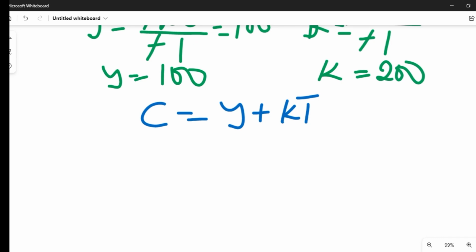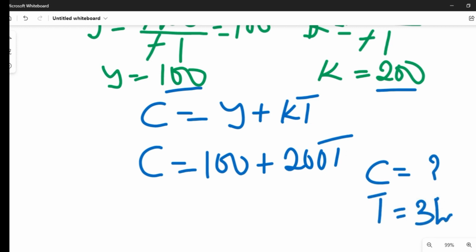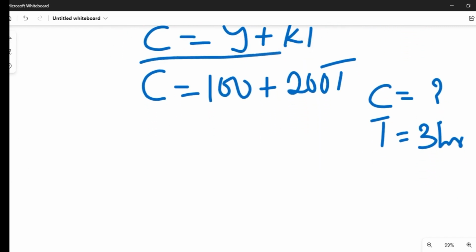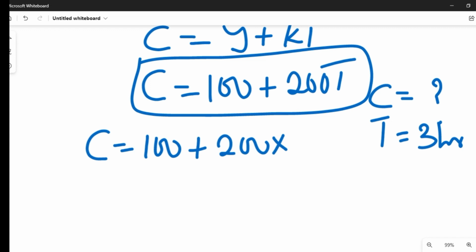Now we have the value of y, and we know the value of k. So our cost will be equal to 100 plus 200 times t. Now we are asked to find the cost when the time is 3 hours. So our cost at 3 hours will be equal to 100 plus 200 times 3.